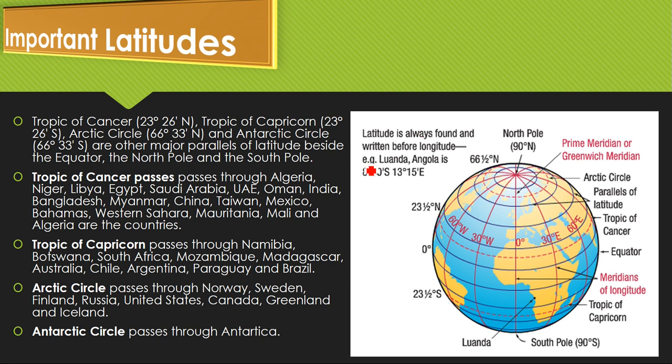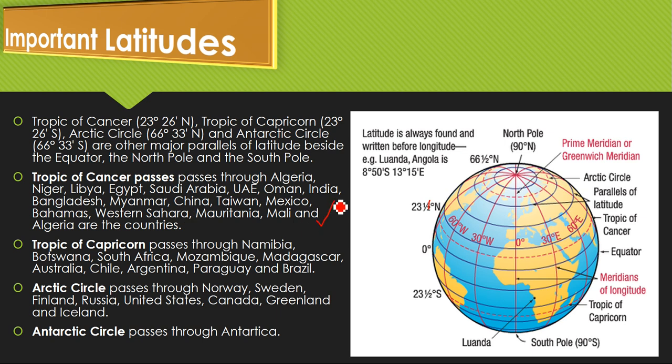It passes through Algeria, Niger, Libya, Egypt, Saudi Arabia, UAE, Oman, India, Bangladesh, Myanmar, China, Taiwan, Mexico, Bahamas, Western Sahara, Mauritania, Mali and Algeria. It is a circle, right? Obviously we cannot see it, it is not a 3D picture.